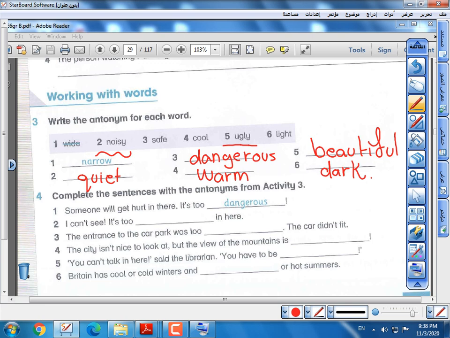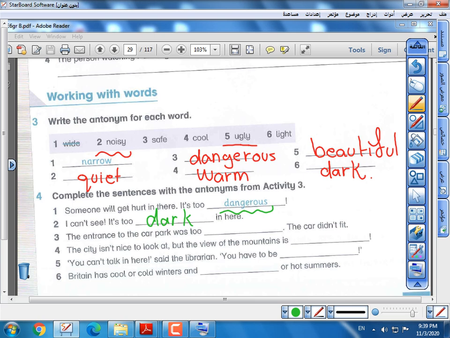Let's see the first one, which is already answered. Someone will get hurt in there. It's too dangerous. يعني بمعنى هاي الجملة إنه أحدهم سوف يتعرض لإصابة في هذاك الموقع. ليش؟ لأنه it's too dangerous. الموقع جدا خطير. أوكي؟ I can't see. متى إحنا ما بنقدر نشوف؟ متى بتكون الرؤية شوي سيئة؟ لما يكون إيش؟ لما تكون it's too dark. لما تكون عتمة بشكل كبير فإحنا we can't see very well in here.